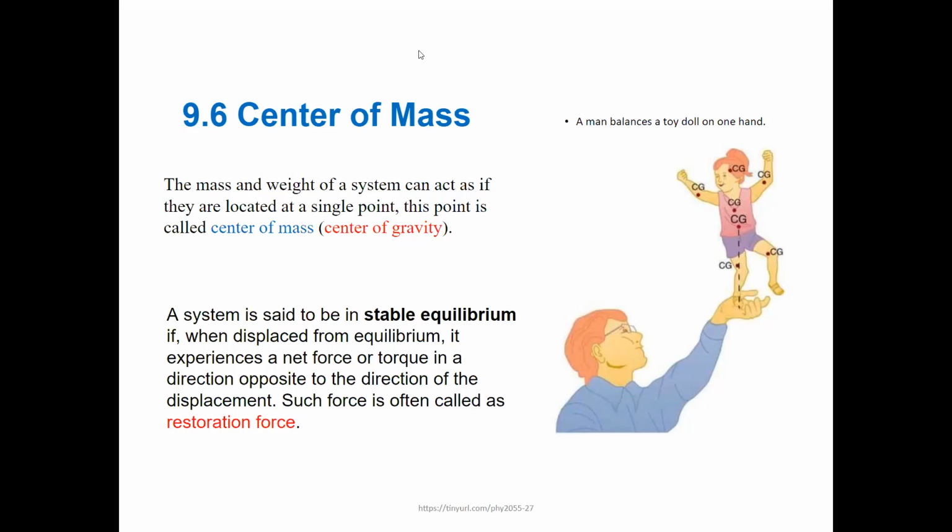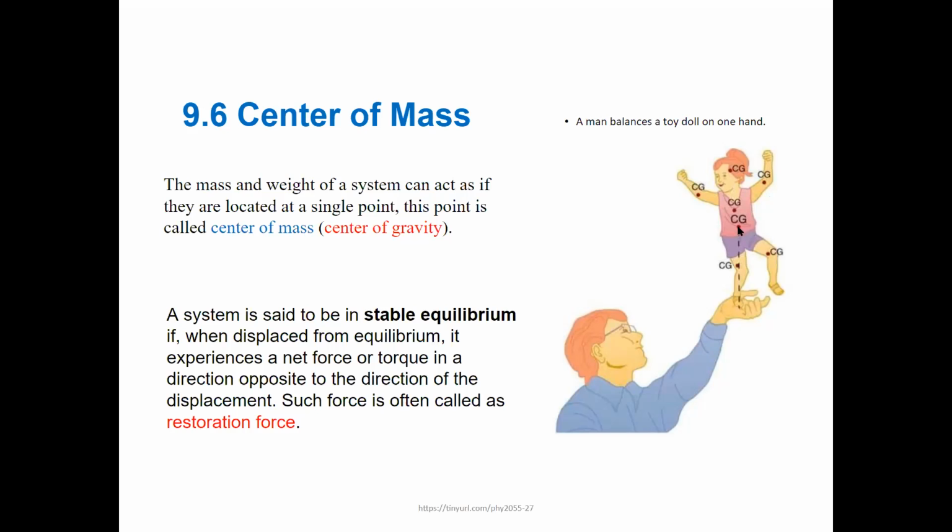The center of gravity of an object is where you can treat the mass and the weight of the system as if they are located at a single point. That single point is called the center of mass. For the toy doll here, this arm might have its center of mass over here, and that arm there, and so on for other parts of the body.